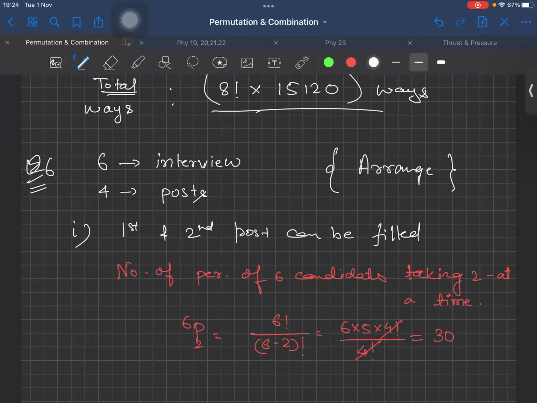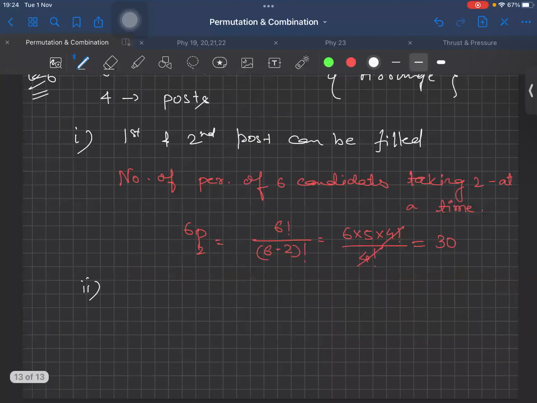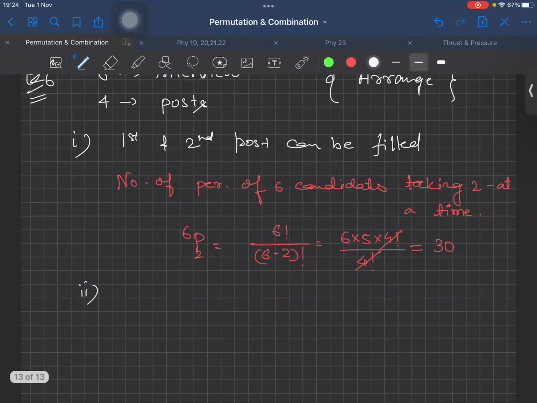So this will be equal to 30. Now the second question is, all the 4 posts can be filled. Find out.